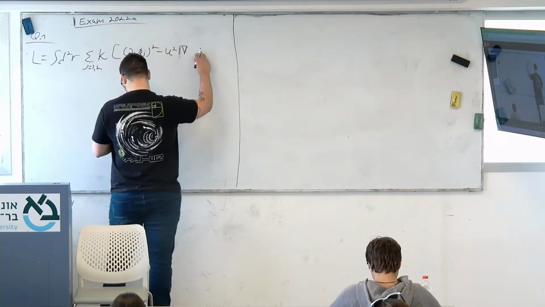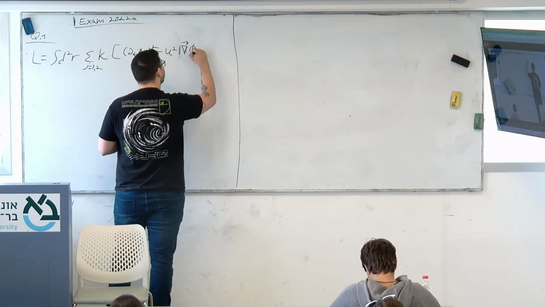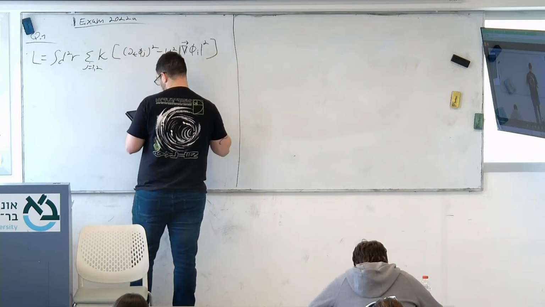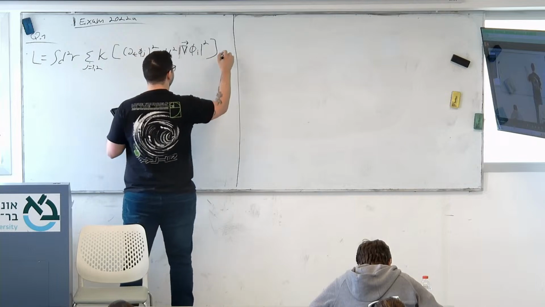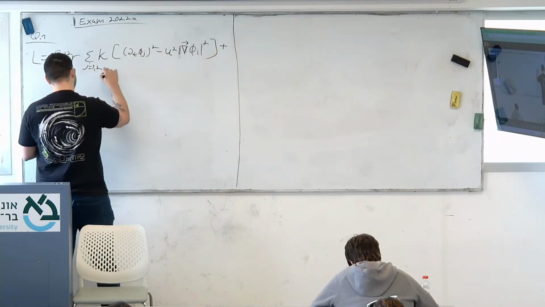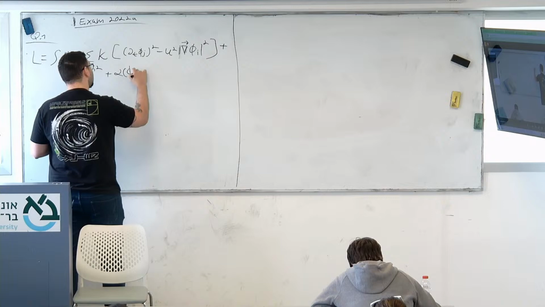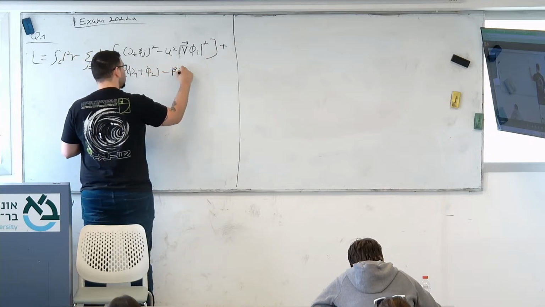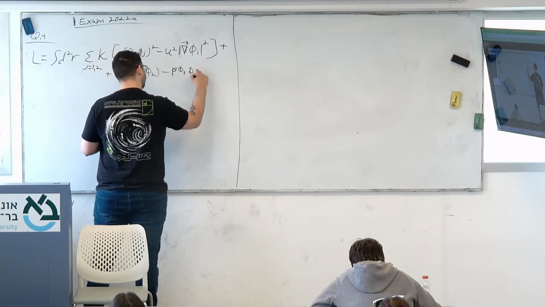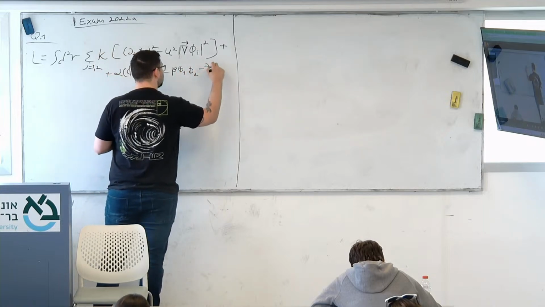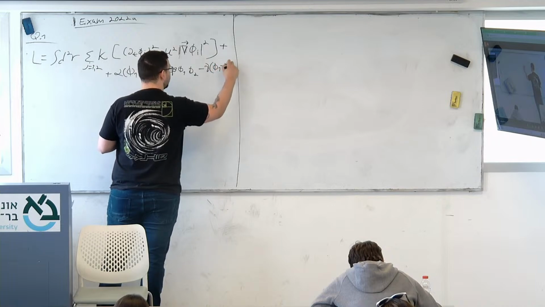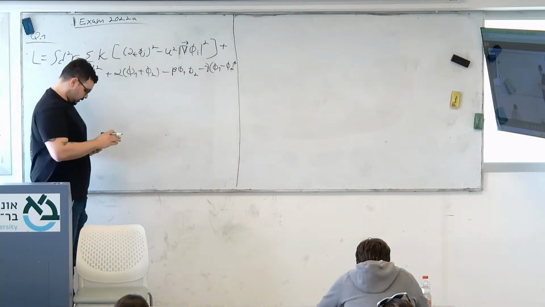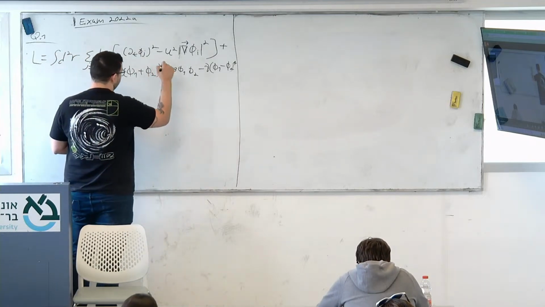Right. So it's gamma (Phi1 minus Phi2) to the power 4. I missed the square here. Alright.